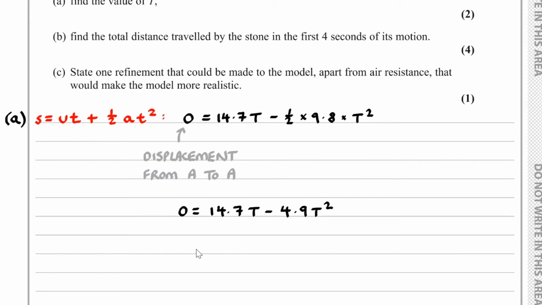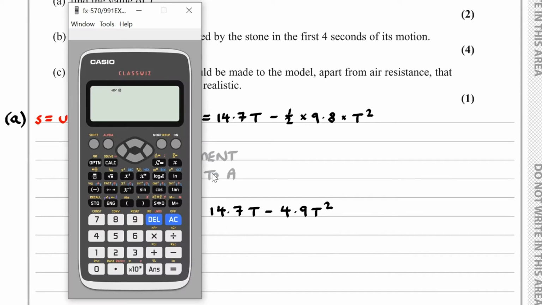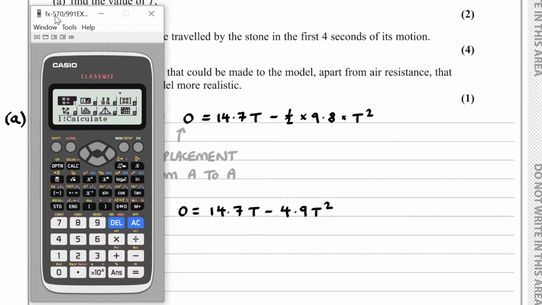So to find out what t is, we can use the equation/function solver. We have a polynomial of degree 2: minus 4.9t squared plus 14.7t plus 0 equals 0.